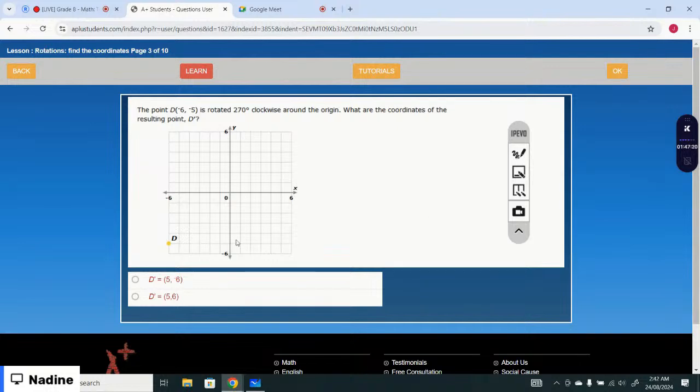So that must be in the first quadrant, that is 5 and 6. Okay, you can complete the lesson by yourself later today.